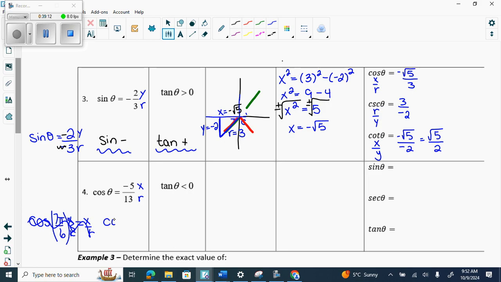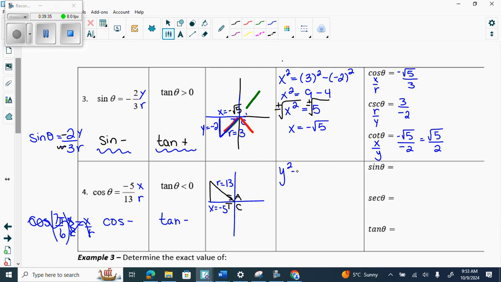So I need cos to be negative, and I need tan to be negative. So where is cos negative and tan negative? In quadrant 2. So where they're both negative, it's going to be here. I have x equals negative 5. I have r equals 13. And y, I believe, is 12.